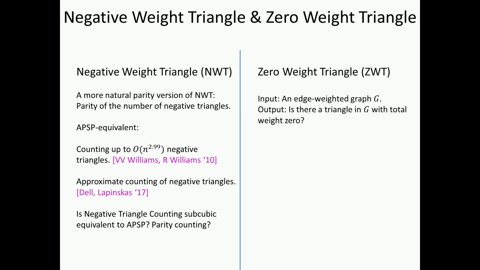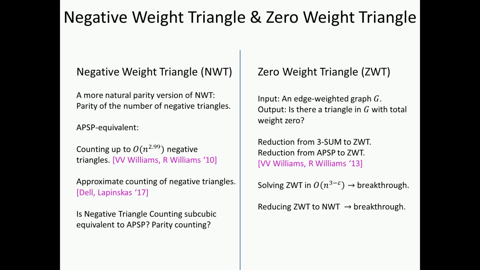And to address this question, we consider the problem zero-weight triangle, which gets as an input an edge-weighted graph, and the output is to return whether there is a triangle in the graph with total zero weight. There are reductions from threesome to zero-weight triangle, and also from all pair shortest path to zero-weight triangle.